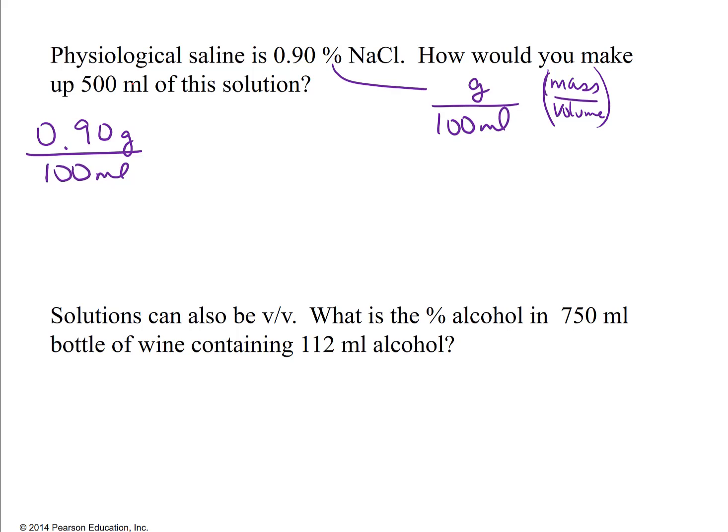So if I have 0.9 grams for every 100 milliliters of solution, and I want to make up 500 milliliters of the solution, how do I figure out how many grams? If you multiply it times the volume, what happens to milliliters? So the units will cancel.